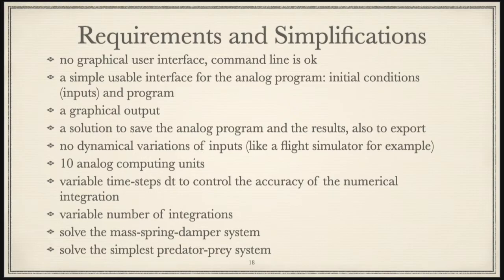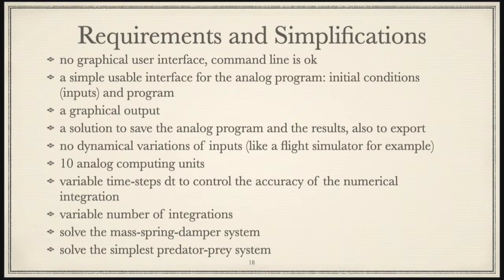No graphical user interface. Command line is okay. A simple usable interface for the analog program. Initial conditions, the inputs and the program. A graphical output. A solution to save the analog program and the results, also to export them.